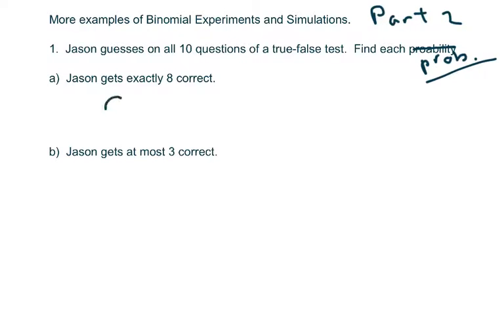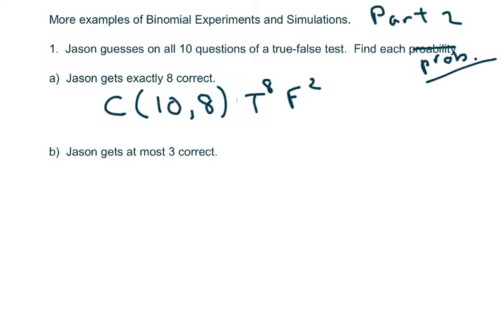We're going to write C, the combination of 10 questions. We want 8 correct. Let's put true. So true is 8 and false is what? You'd have to have 2 false.